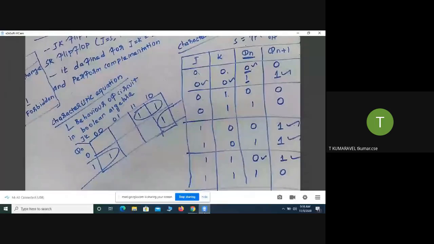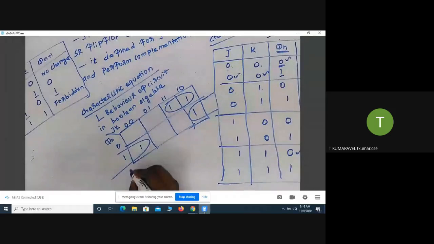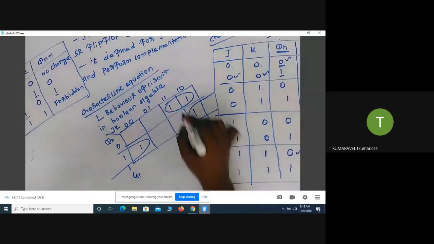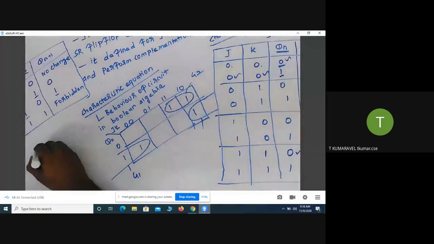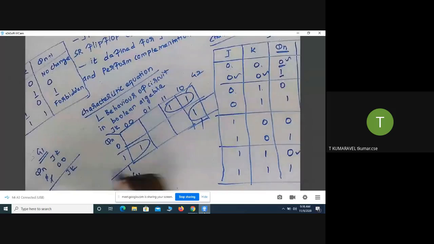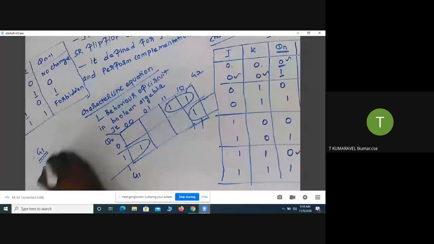Now you are going to minimize the equation. This is group one and this is group two. In group one, Q is 0 and 1, which cancels, J is constant, and K is 0 and 1, which cancels.